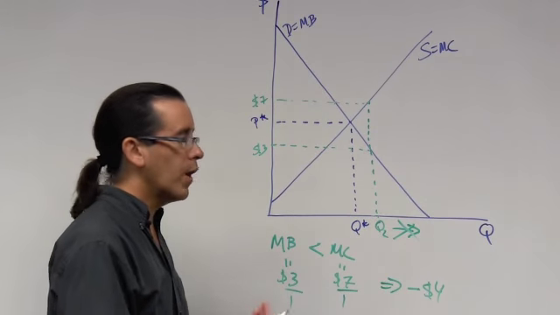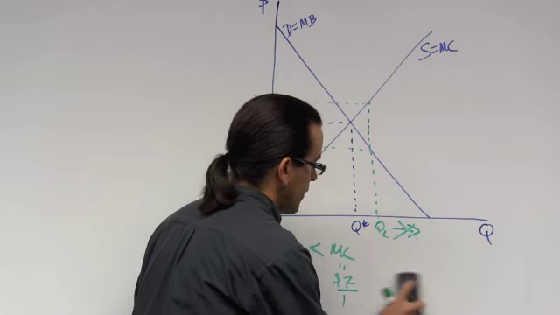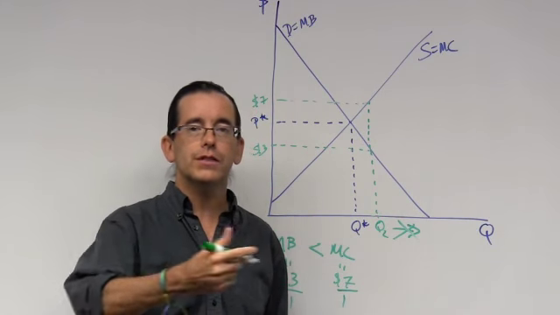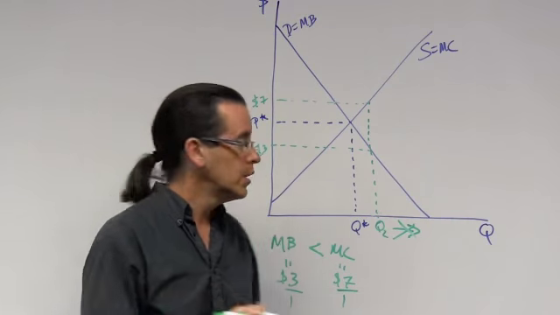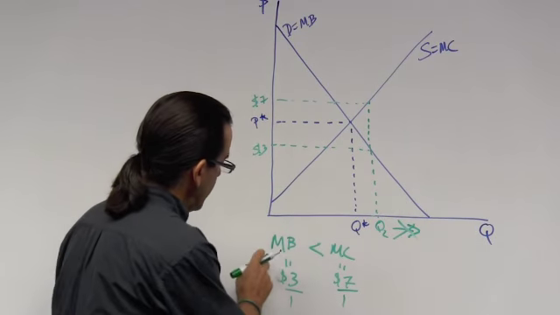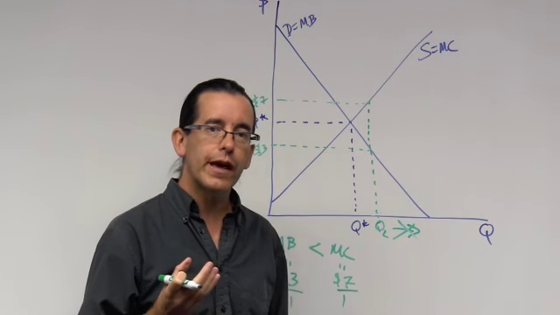Okay? What about decreasing our consumption and production? Well, the thing about these values for marginal benefit and marginal cost is they can be read in reverse too. So if we're looking at this point, we have marginal benefit equals $3, and we're going to turn around that interpretation.